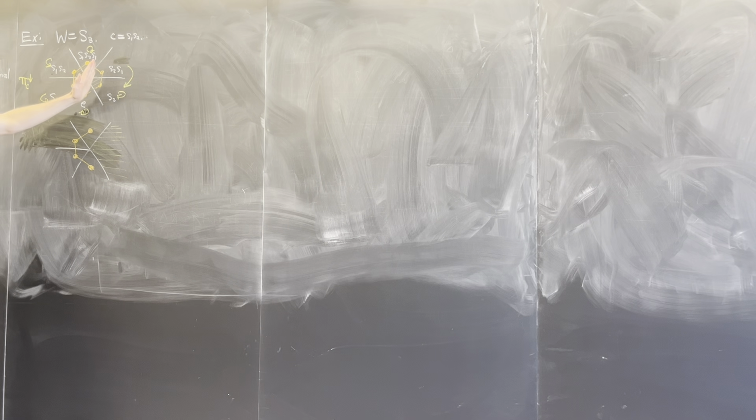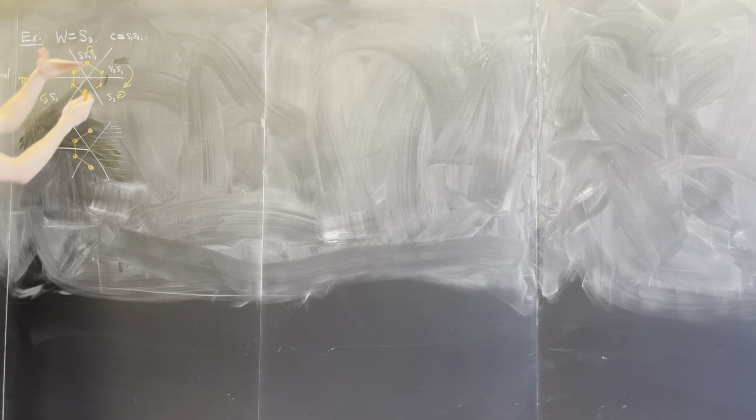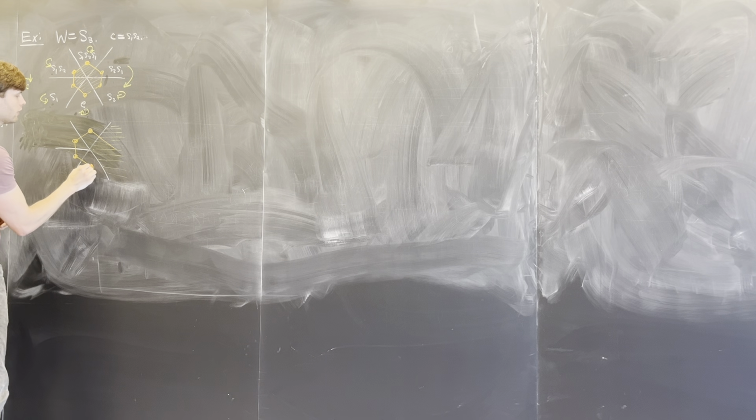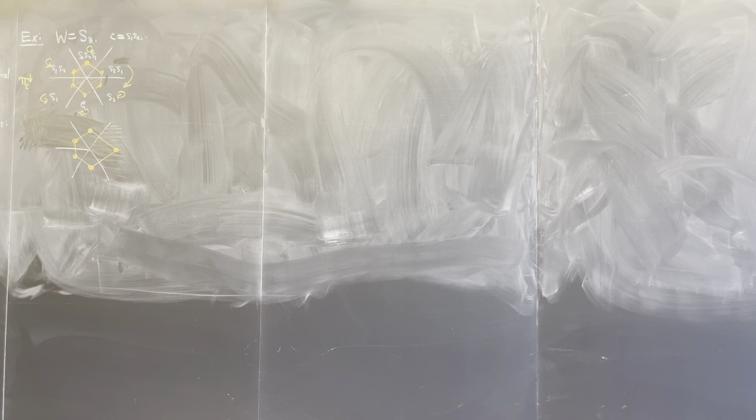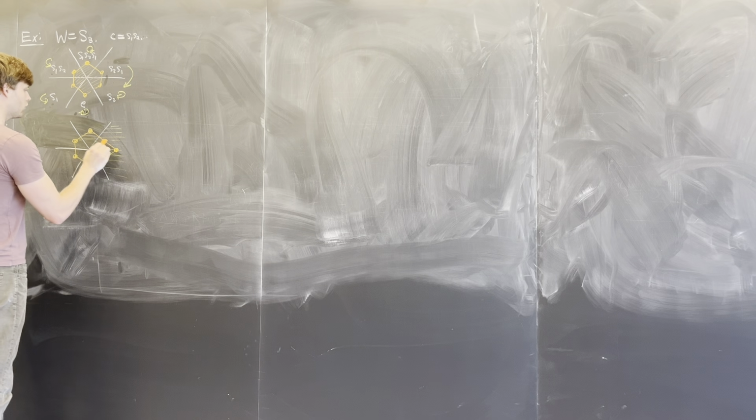And I've removed this facet here, this edge. And if I remove that, it's like these lines continue out like this. And so now you end up with a pentagon, which is actually the two-dimensional associahedron.